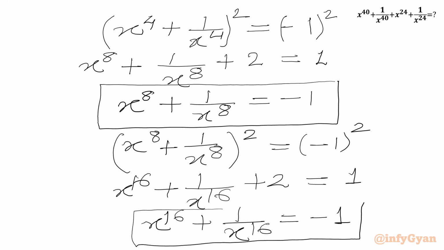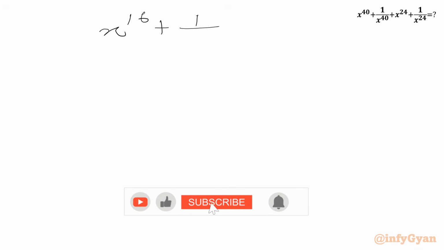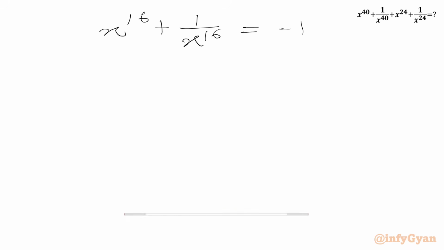So to find the value of x power 32 plus 1 over x power 32, we need to consider squaring for the last time. So I will write here x power 16 plus 1 over x power 16 equal to minus 1. Now we'll be squaring both sides. Now we'll use the a plus b whole square formula.